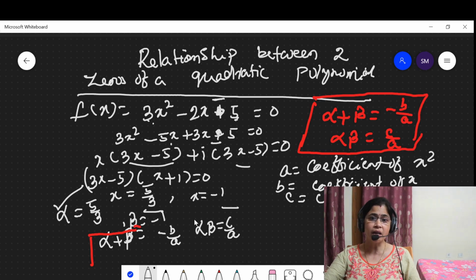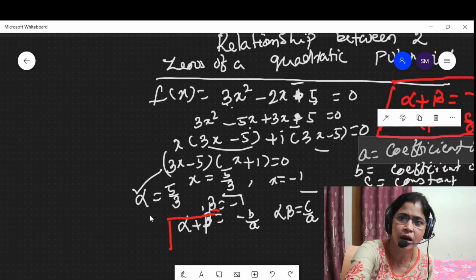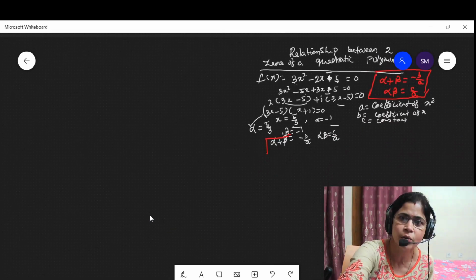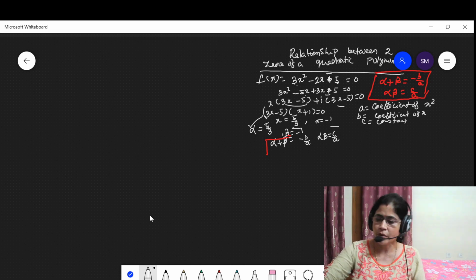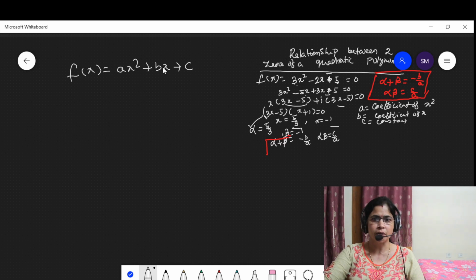Now let us find out the generalization of quadratic equations: f(x) is equal to ax square plus bx plus c, where a is the coefficient of x square, b is the coefficient of x, and c is the constant.